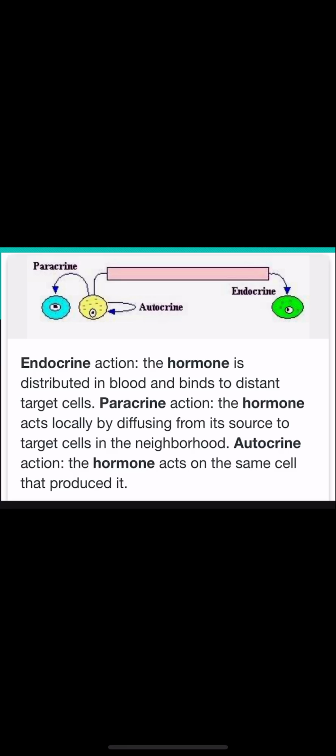Autocrine action means the hormone acts on the same cell which produced it. Here they have given you the diagram. First we'll talk about endocrine: the hormone is secreted, it goes to a different area and acts over there. Paracrine: local area and acts over there. Autocrine: it is secreted by the same cell and it acts on the same cell.